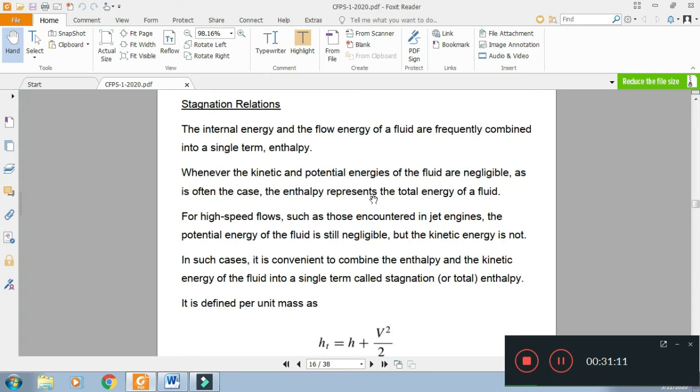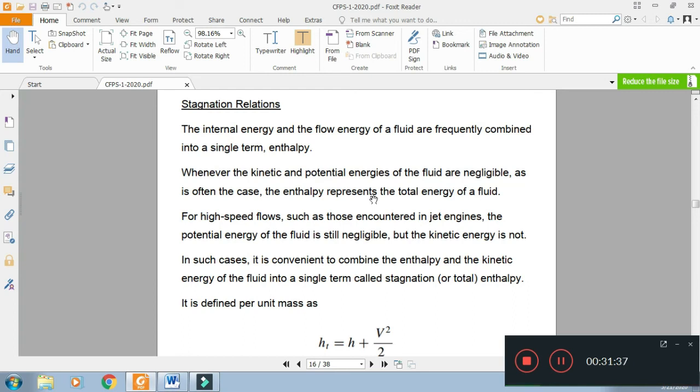In most of the applications, there are four types of energies considered. One is kinetic energy, potential energy, flow energy, which is pressure, and internal energy. In some devices, the change in potential energy and kinetic energy is negligible.